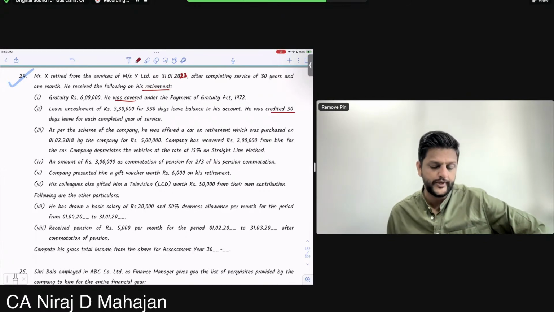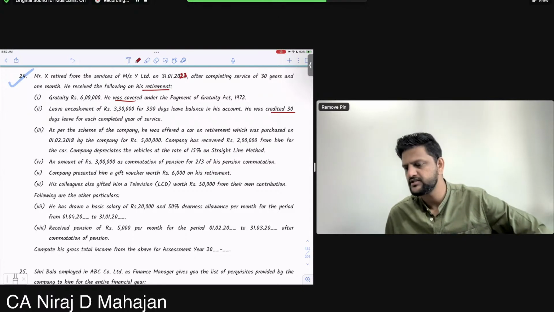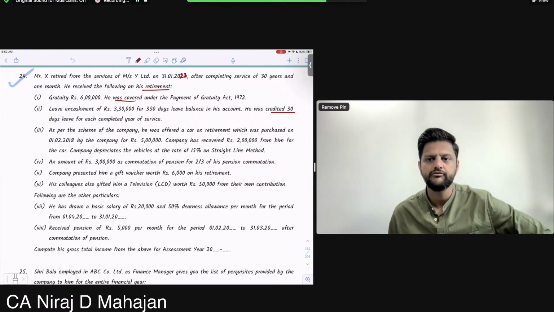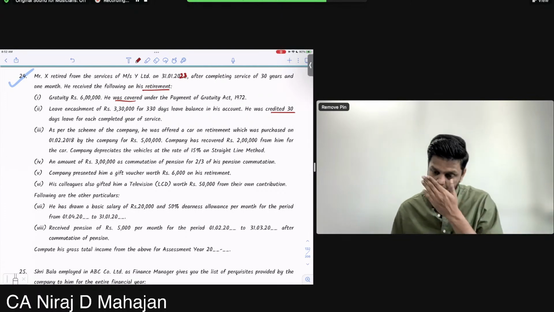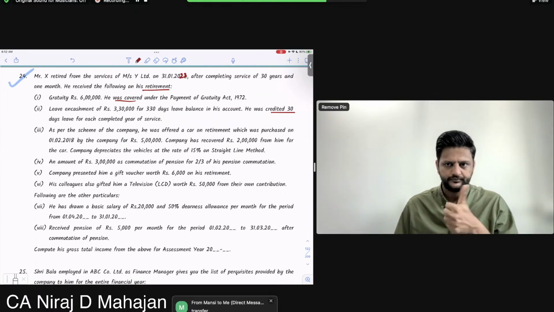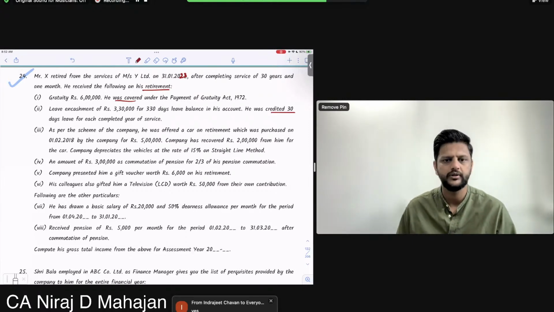The company depreciates vehicle at rate of 15% on straight line basis. How the company does depreciation is also given to you. Which case is this? This is perquisite or not, everybody? Yes, it is transfer of movable asset.